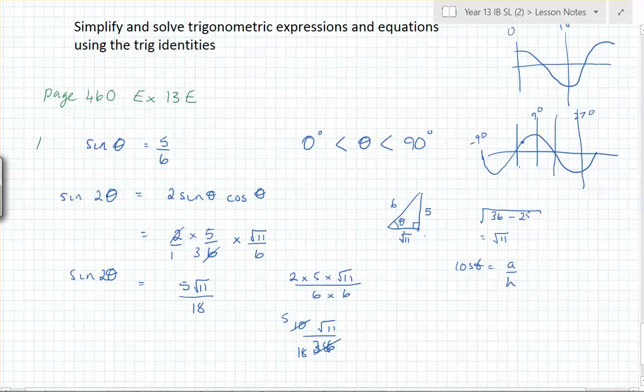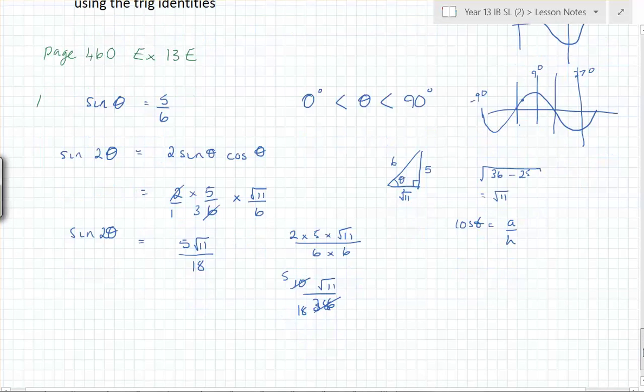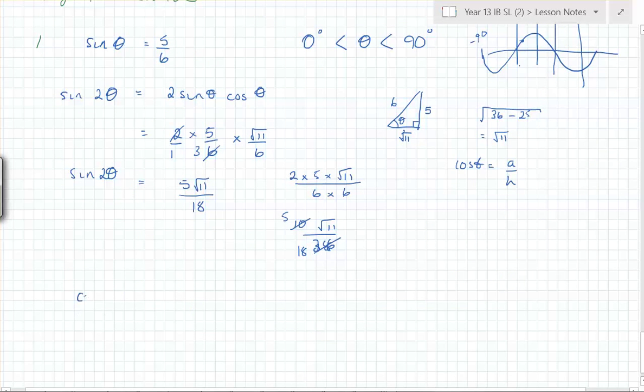Part B then is cos of 2 theta. So what's the identity for cos of 2 theta that we're going to use? 1 minus 2 sine squared theta. The reason why I've done that is because I know what sine of theta is.